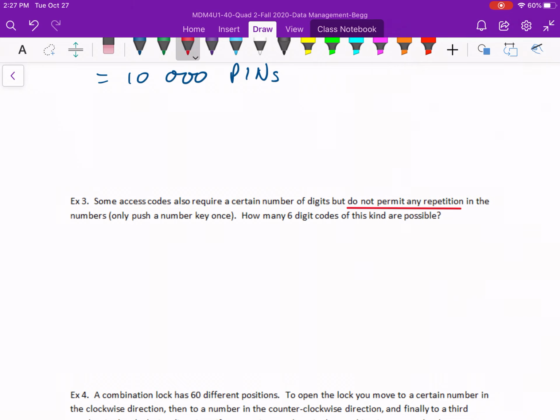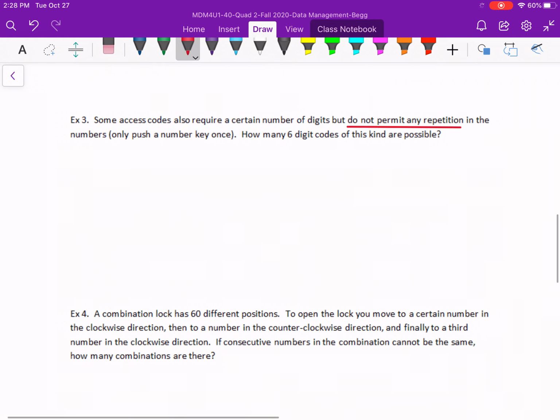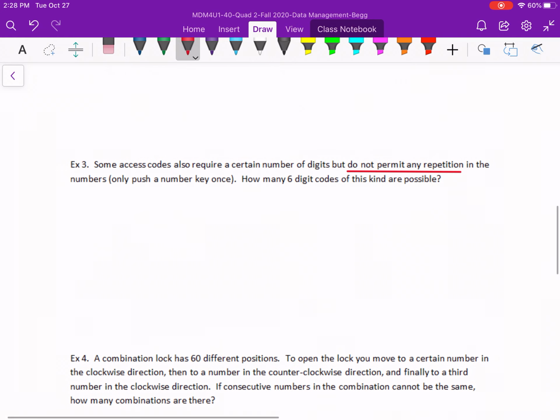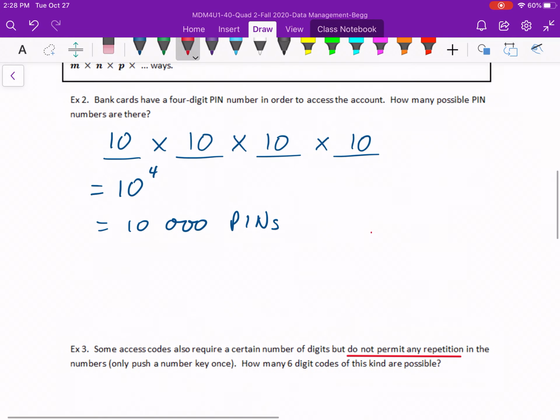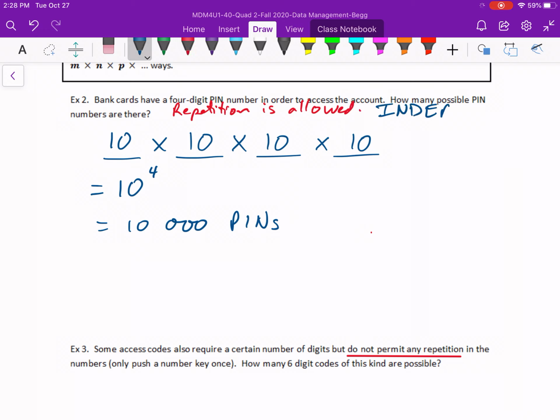So if they don't allow for repetition, then that, again, is going to change your outcome. This is a dependent event. Before I move on, if repetition is allowed, and it was, we've got an independent set of events going on.